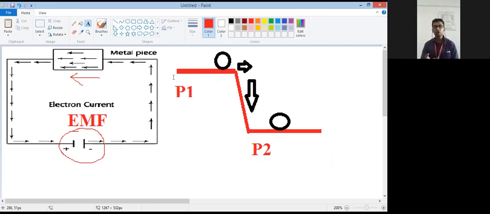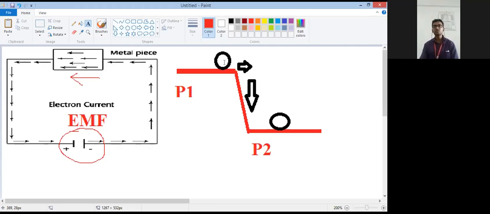The higher you go, from lower height to upper height, the more potential energy you gain, and the lower you come toward the earth, the less potential energy you have. When you come from higher energy to lower energy, the energy is converted from one form to another. Here, suppose the roller is at higher potential initially, and then it goes toward the lower potential P2.